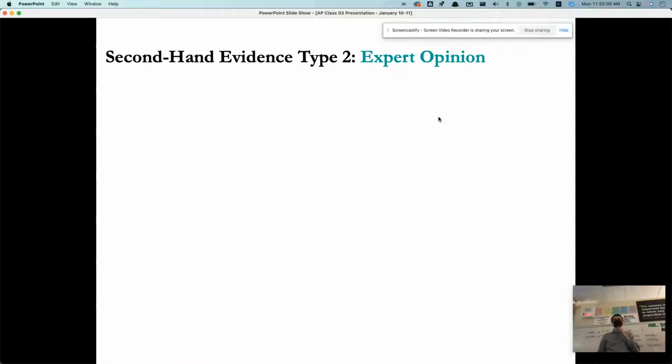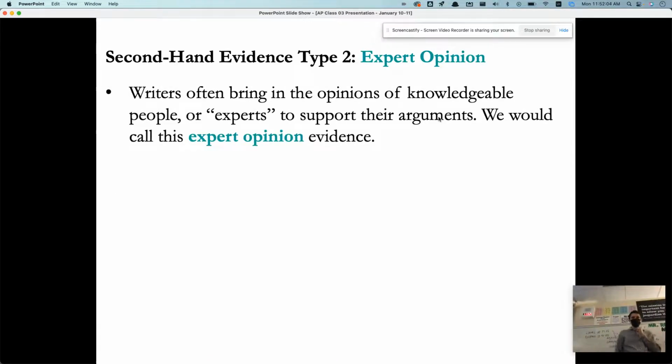All right, so the second type of secondhand evidence is expert opinion. Writers often bring in the opinions of knowledgeable people or experts in certain fields to support their arguments. And when you cite an expert, you have expert opinion evidence.